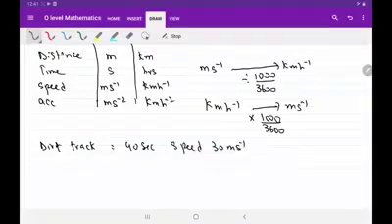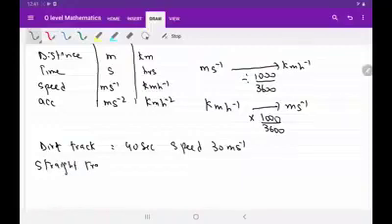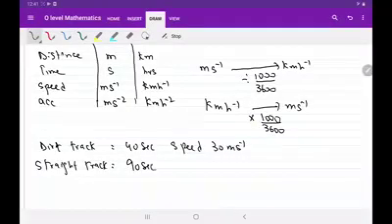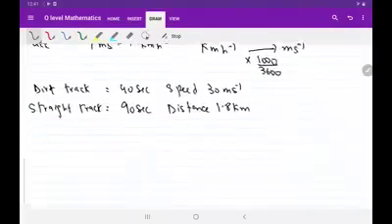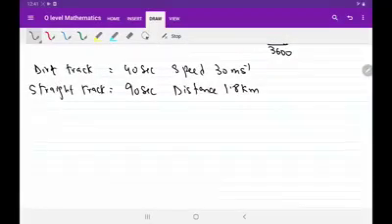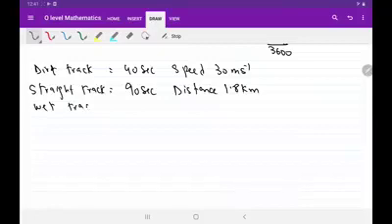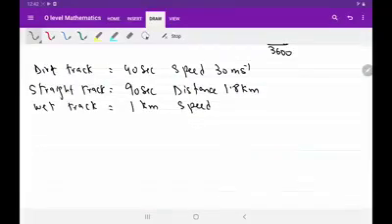It then travels on a straight track for 90 seconds, covering a distance of 1.8 kilometers, and it travels on a wet track for 1 kilometer at a speed of 20 meters per second.